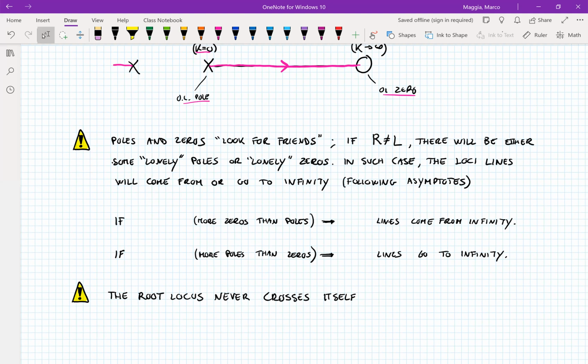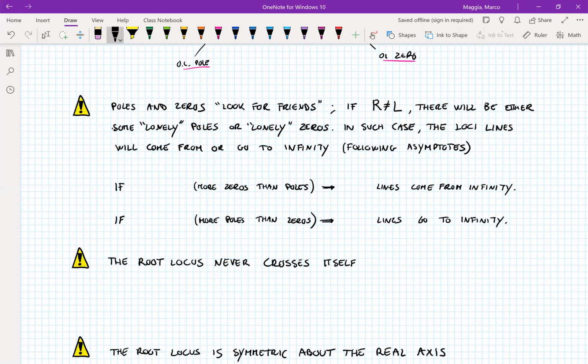Or if there are more open loop zeros than poles, then we will have branches coming from infinity looking for poles. So in other words, if we have more open loop zeros than poles, that is if R is greater than L, then we're going to have R minus L lines or branches that come from infinity.